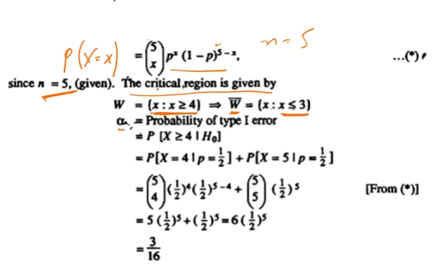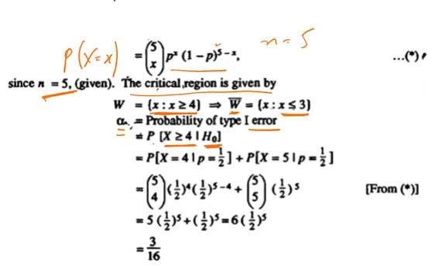Now alpha, the probability of type 1 error, is given by the probability that x is greater than or equal to 4 under the null hypothesis. Hence, if x is greater than or equal to 4, then we reject the null hypothesis.